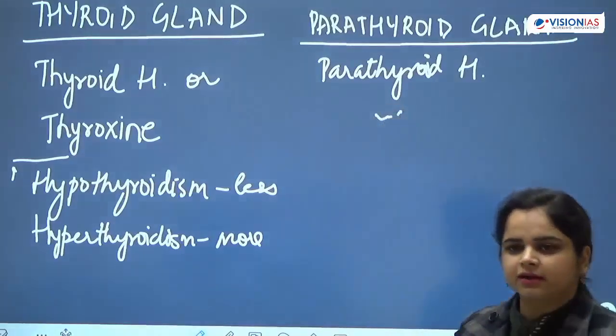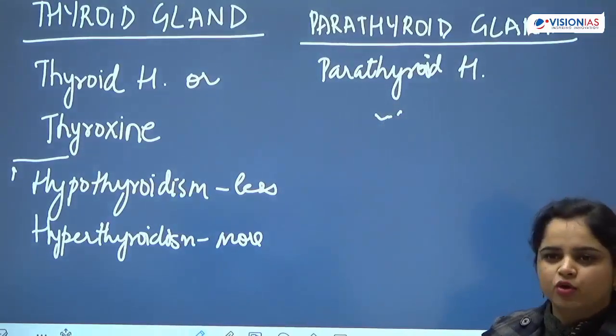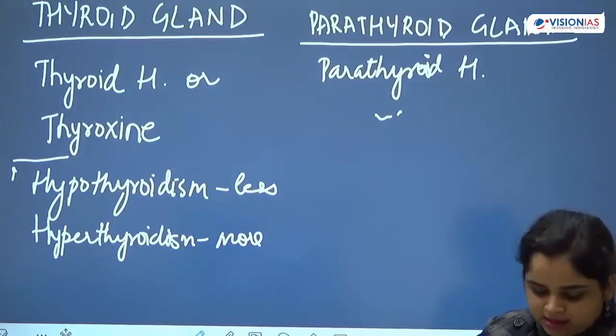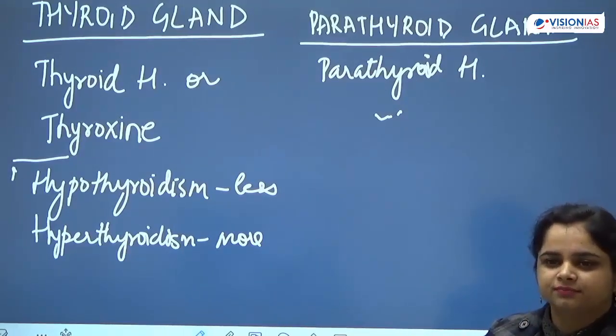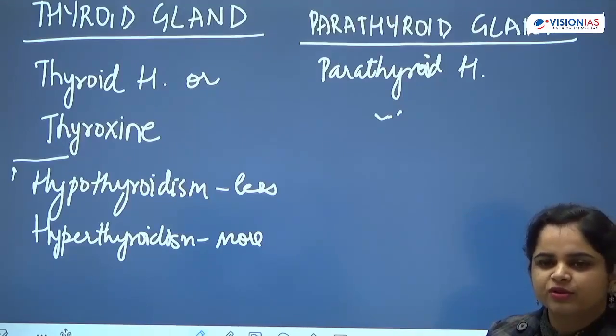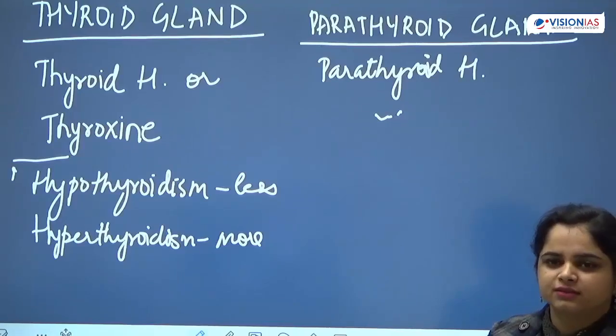This you can write down. Parathyroid hormone is associated with metabolism of calcium and phosphate. It is associated with metabolism of calcium and phosphate.